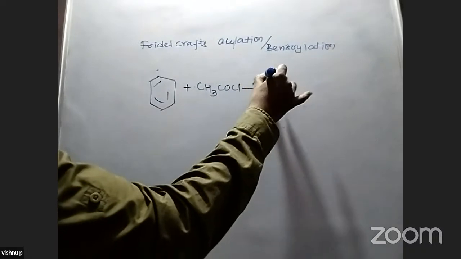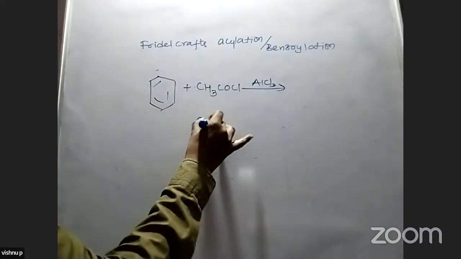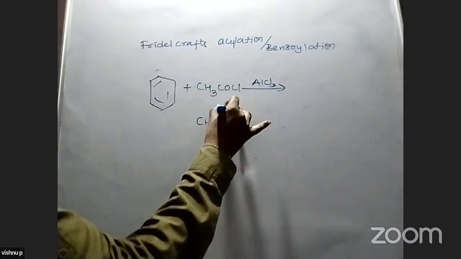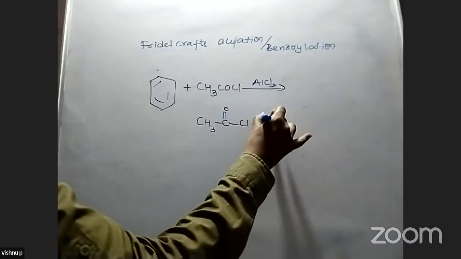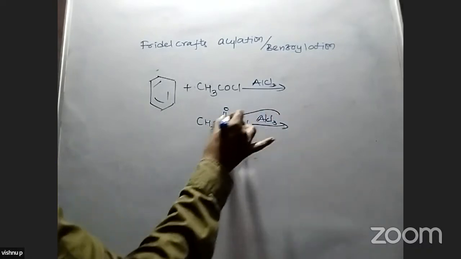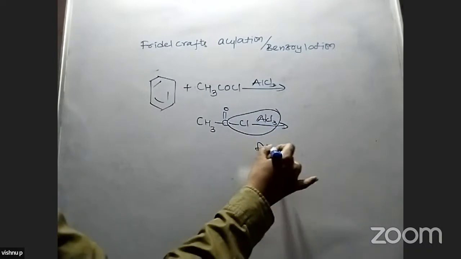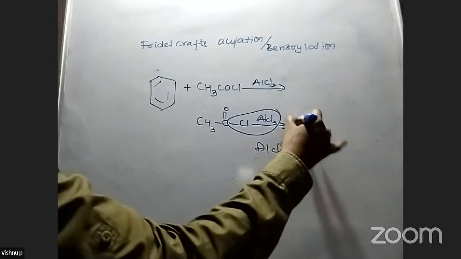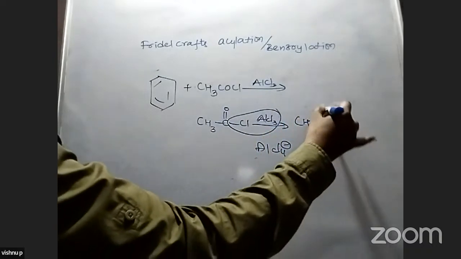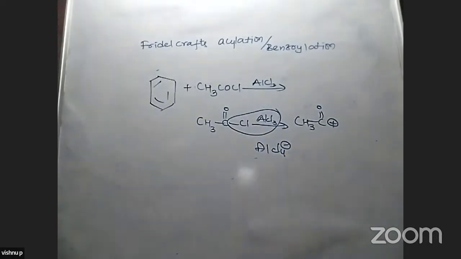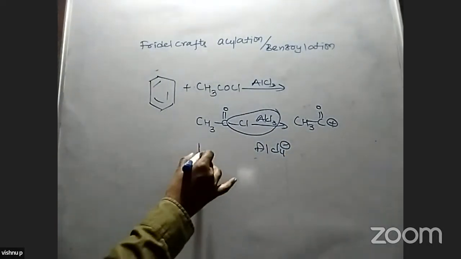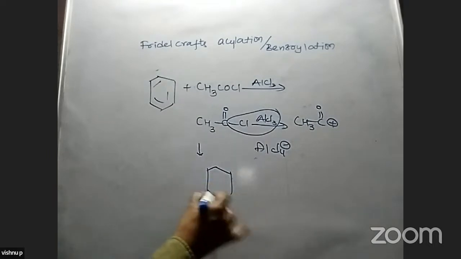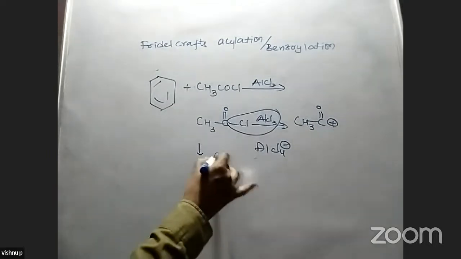in presence of AlCl3, we know the role of electron deficient AlCl3: it removes this chlorine and we get AlCl4 minus along with CH3CO plus. We get this compound and this electrophile is added to the benzene ring.